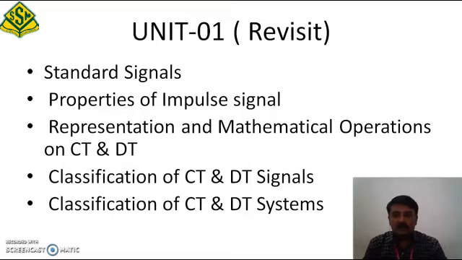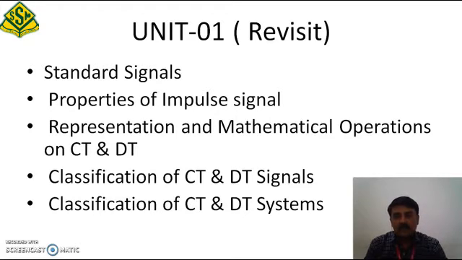So these are some important topics in unit 1, starting from standard signals. As you can see, our signals are classified into so many groups like unit step and unit impulse, ramp, rectangular, parabolic, sine and cos, and finally exponential.